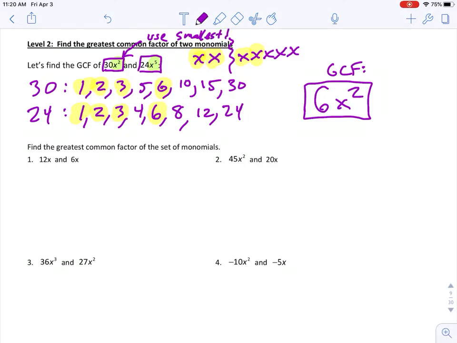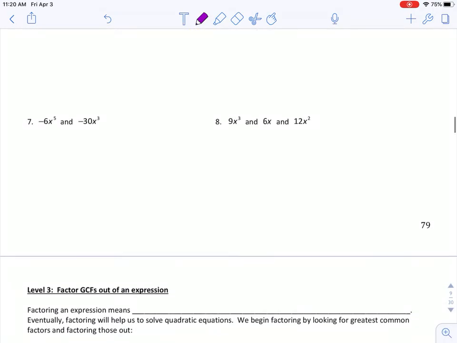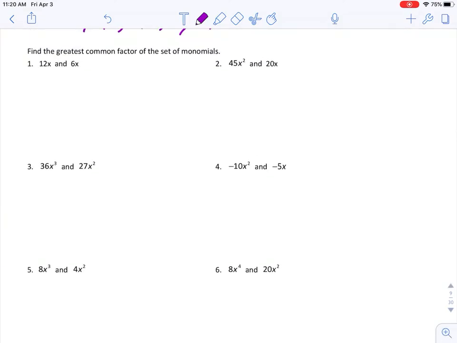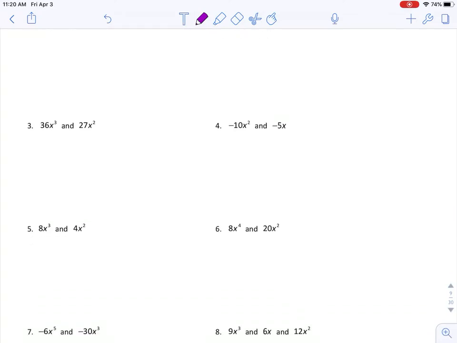Okay? And that's a few different ways to think about it. Okay, so I'll do number 3. So for number 3, again, for 36 and 27, you're going to write out all the factors that go into 36.